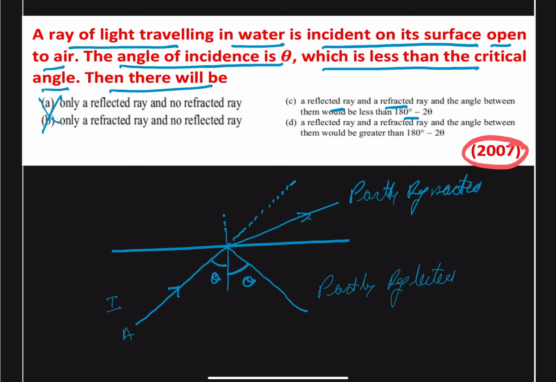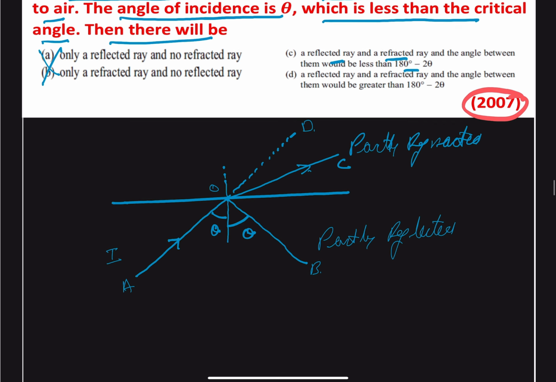So let us call this A, this point as O, this point as B, and this point as C, and the straight one, let us call this as D. We have the straight angle AOD equal to 180 degrees, and this whole angle will be 2 theta.